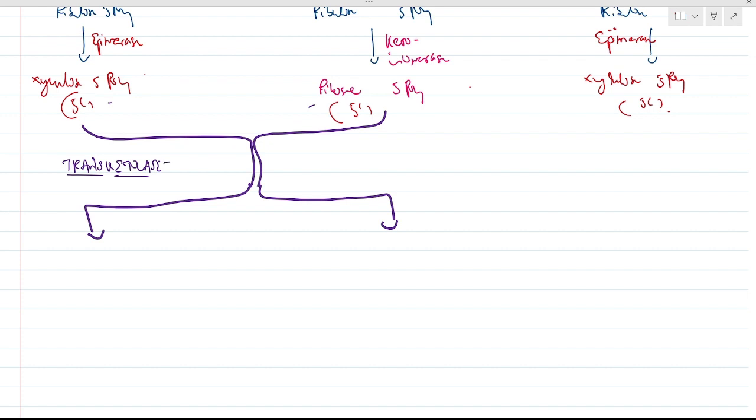This transketolase enzyme requires magnesium and thiamine pyrophosphate, TPP, the active form of vitamin B1, which will eventually produce glyceraldehyde 3-phosphate, and we know this is a 3-carbon compound.